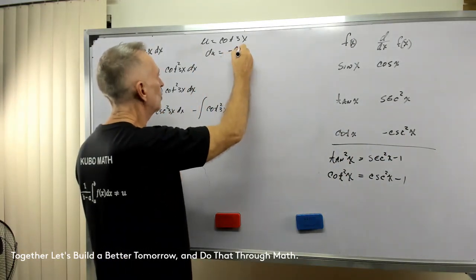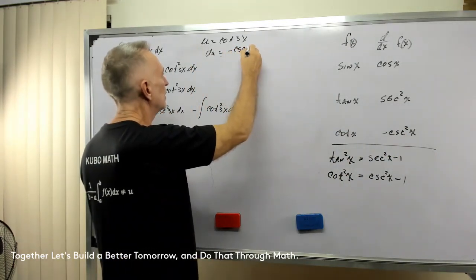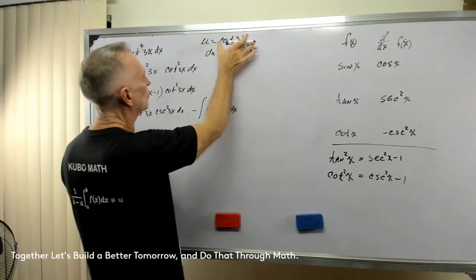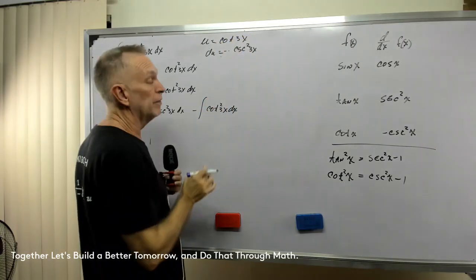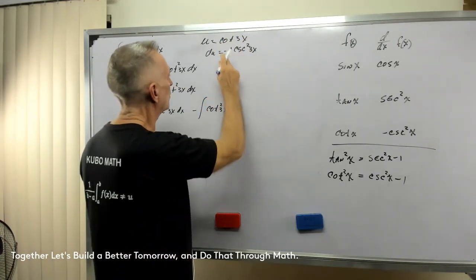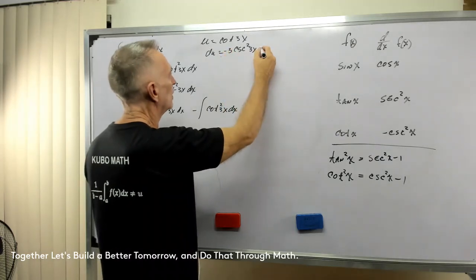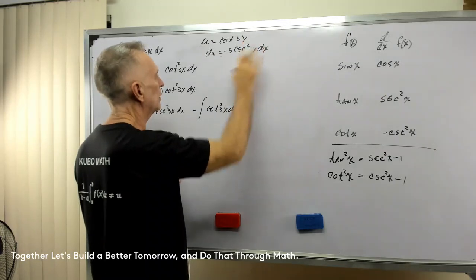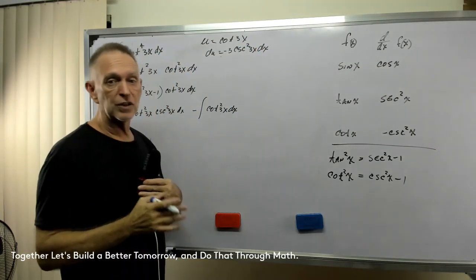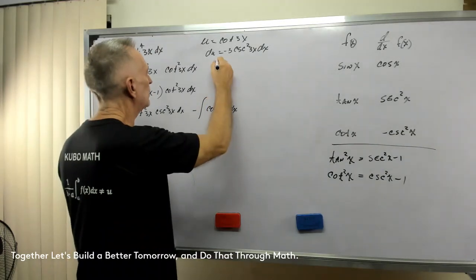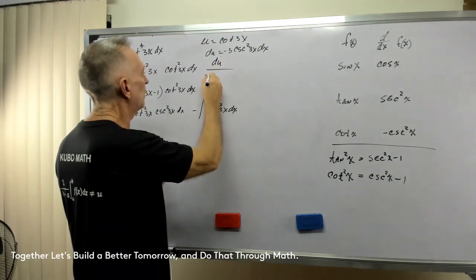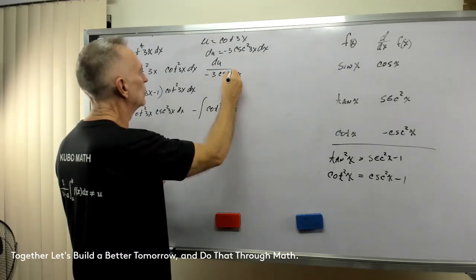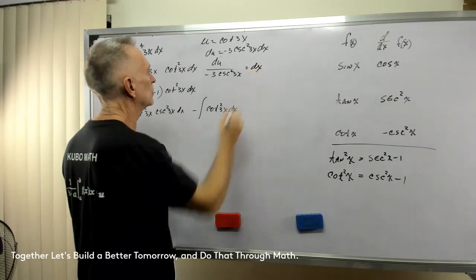So minus cosecant 3x squared. So that was the derivative of the outside. Now times the derivative of the inside. So the derivative of 3x is 3 dx. So I have minus 3 cosecant 3x squared dx. So if we isolate dx, we would have du divided by minus 3 cosecant 3x squared equals dx.